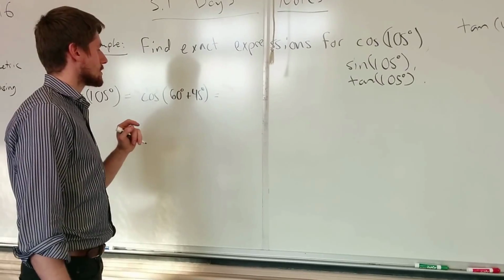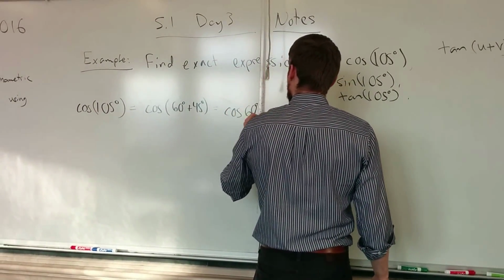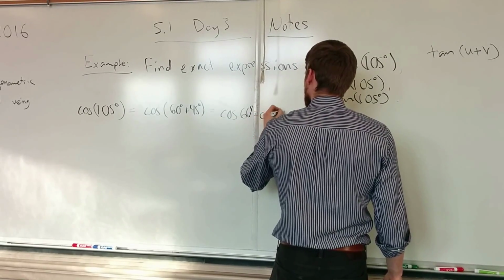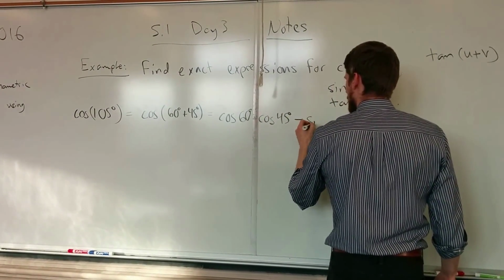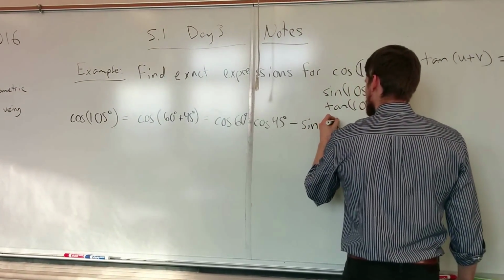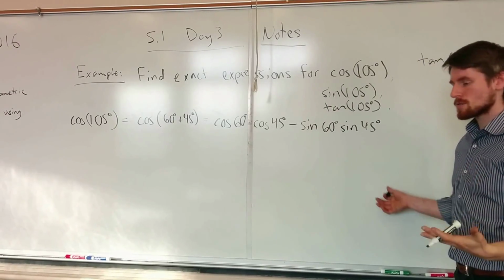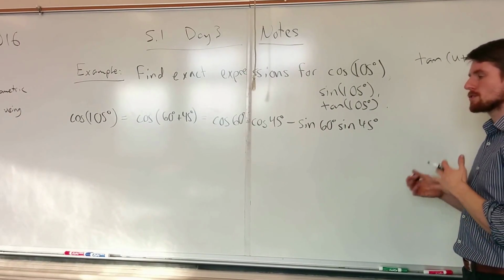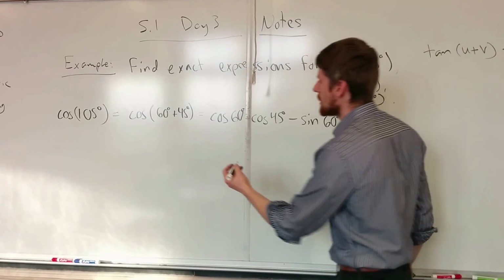So cosine of a sum is equal to cosine of each angle, minus sine of each angle. Okay, and now I just replace cosine of 60, cosine of 45, sine of 60, and sine of 45 with what I know them to be.